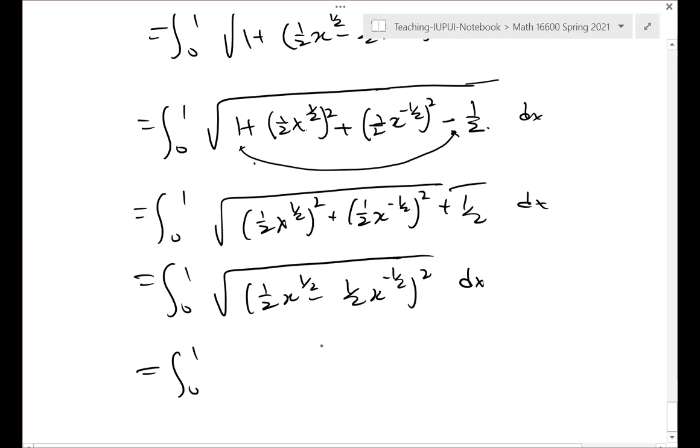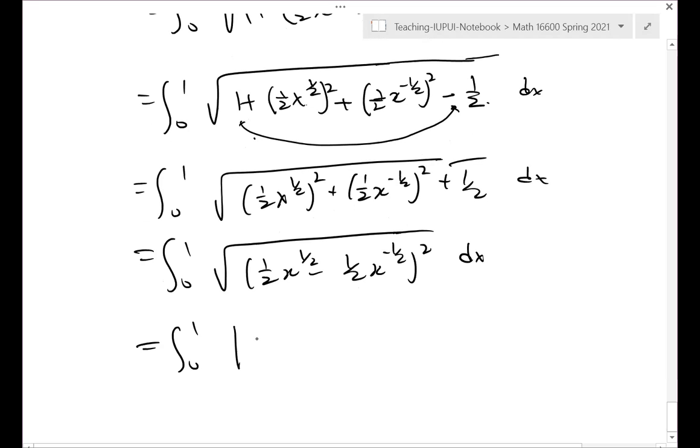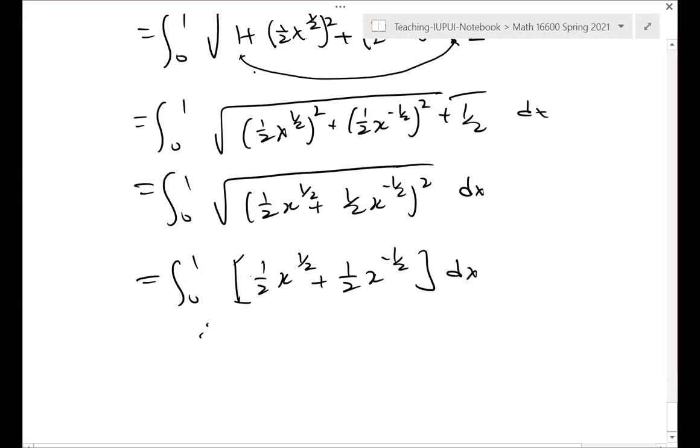Because when x is getting close, which one should be first? This is a plus, that doesn't matter. If this is a plus, this doesn't matter. They both are positive. So dx. Then you find the antiderivative of each term.